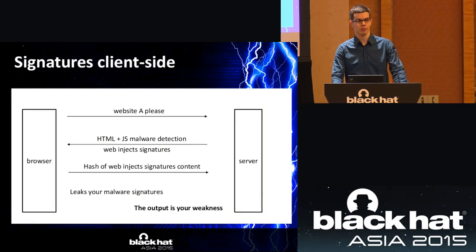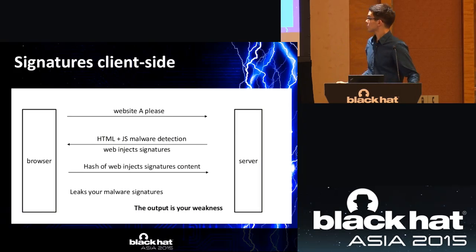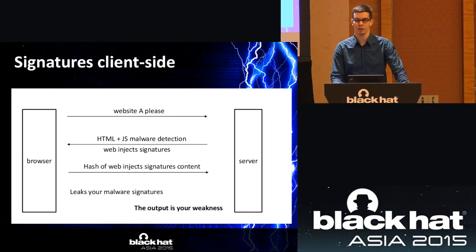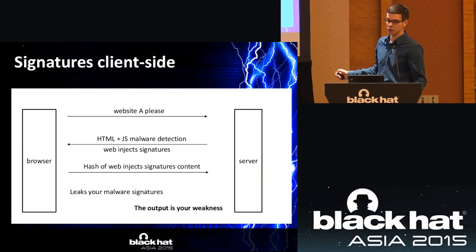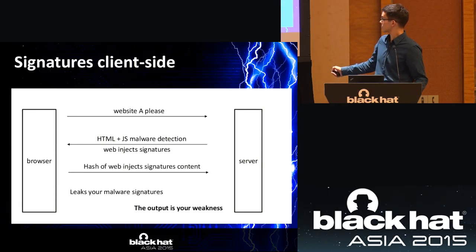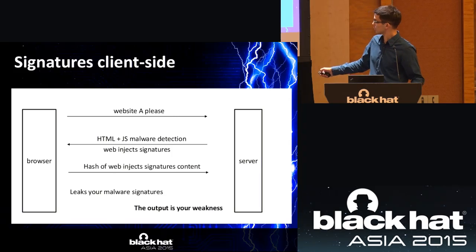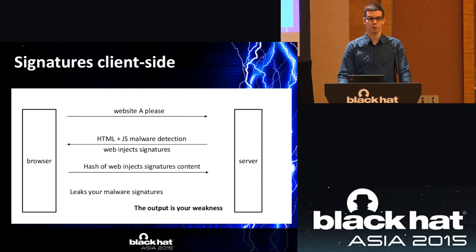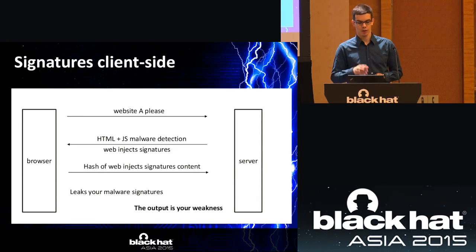In the second approach we found, signatures were checked on the client side. The scheme was quite similar. It was two parts as before: the initialization of the JavaScript and the reporting phase here. So the signatures were checked in the browser and the result of the check was sent back to the server. Here the signatures were present in the browser.